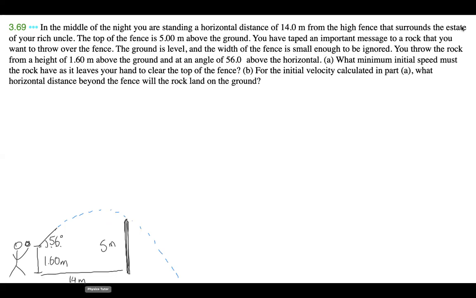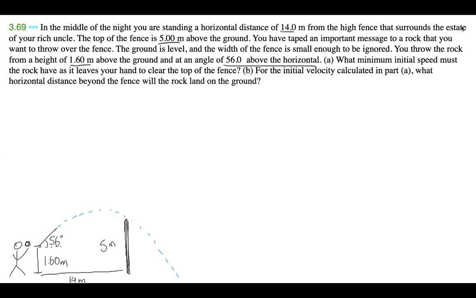And I think that is all the information we have in the question, and we have it drawn out. So we're good. So now we can proceed to part A. What minimum initial speed must the rock have as it leaves your hand to clear the top of the fence? Okay.